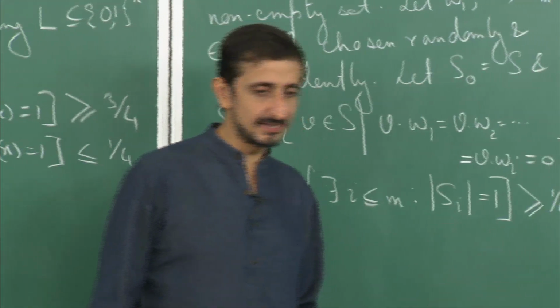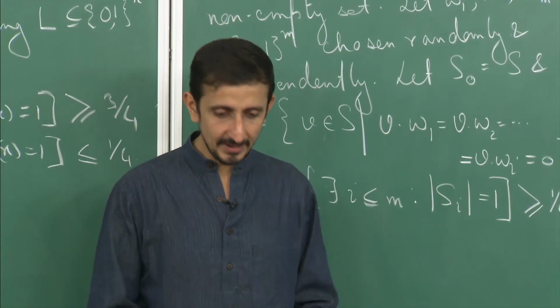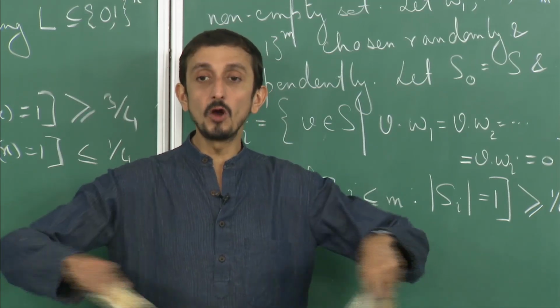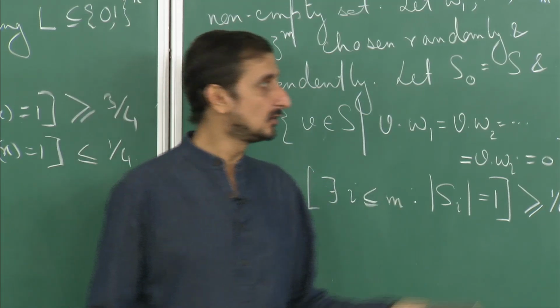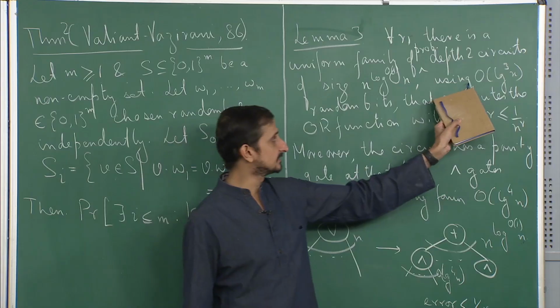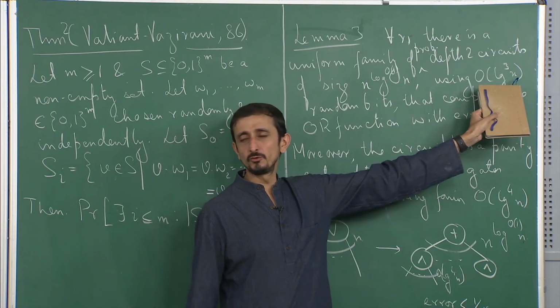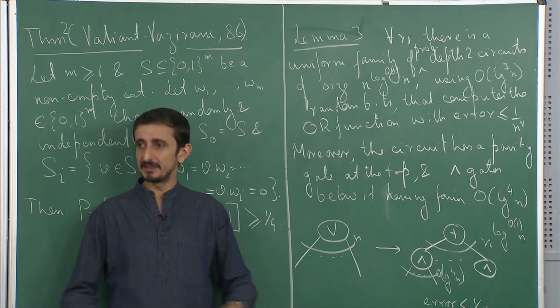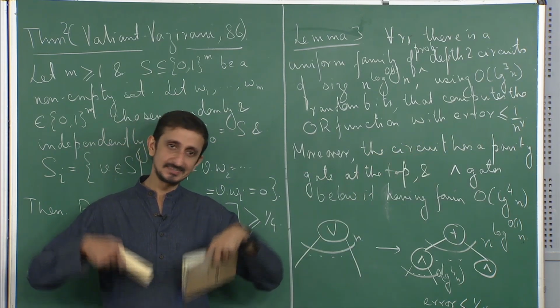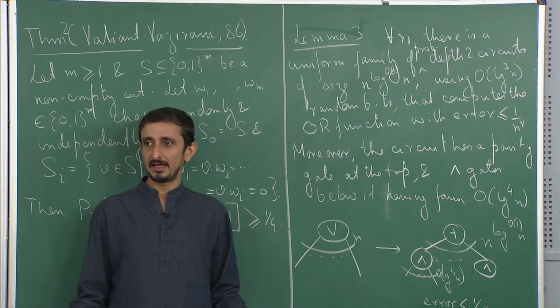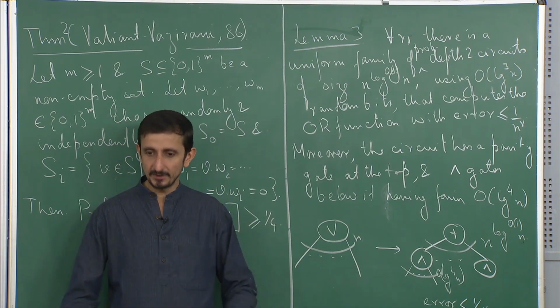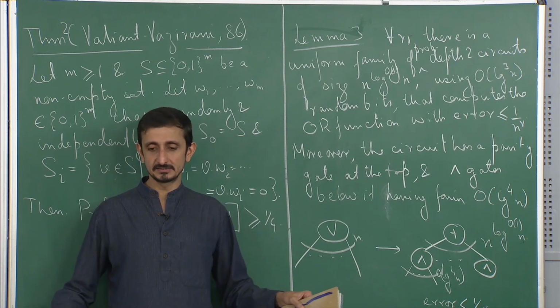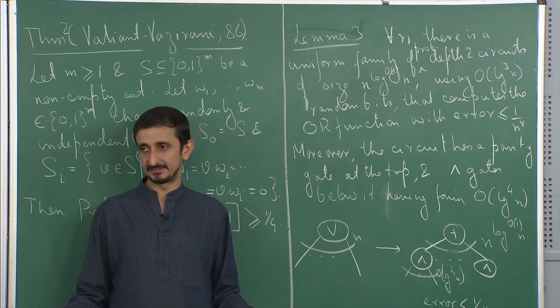What we will do is simulate the circuit on all possible choices of random bits. So we will get a circuit which uses order log cube n random bits. So we will take 2 to the power log cube n many copies of that circuit. That size is still quasi polynomial, and now we know that for a majority of those circuits it should give the correct answer.